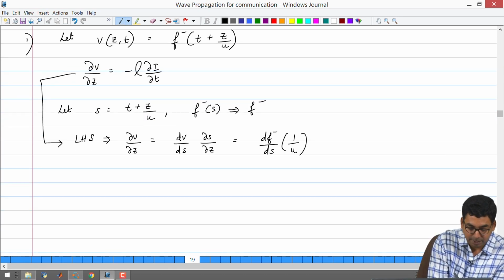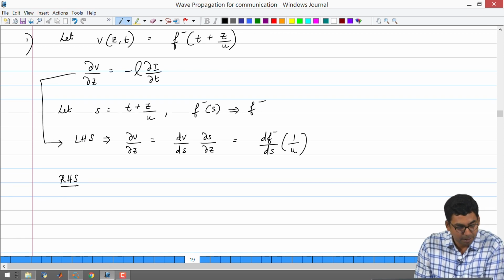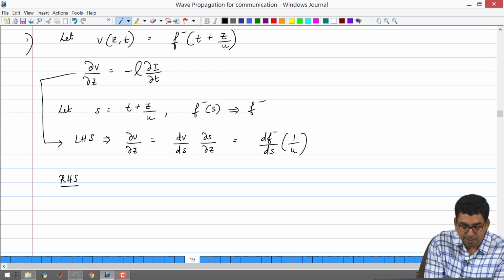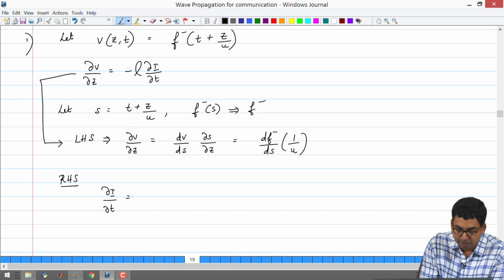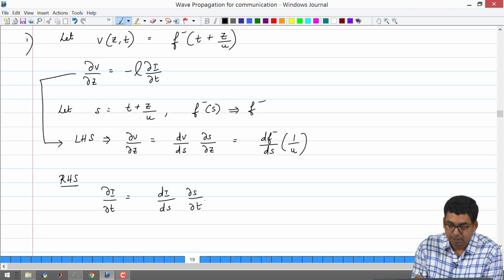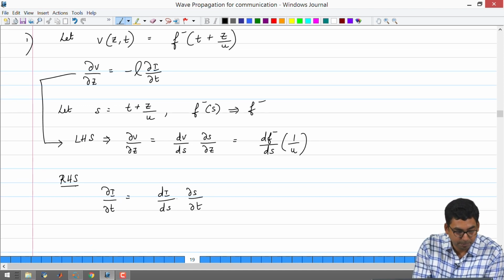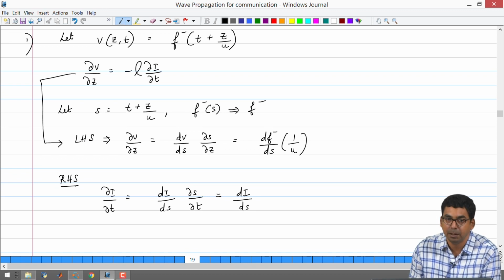The right hand side is minus L dou I by dou t. So, we can start with what is dou I by dou t. We can write this as di by ds times dou s by dou t. Di by ds times dou s by dou t, where s is equal to t plus z by u, is equal to 1.